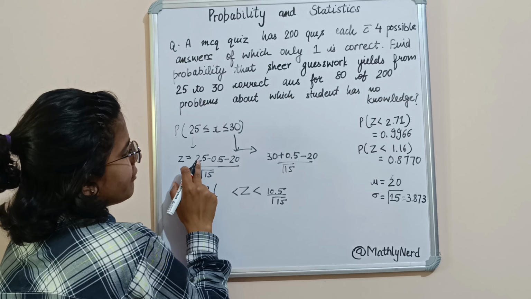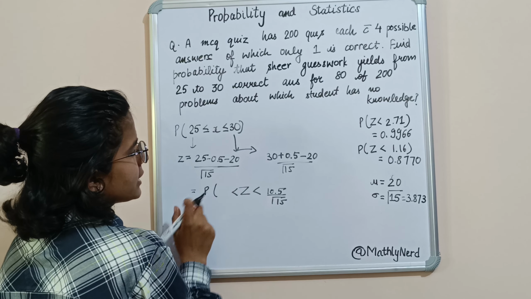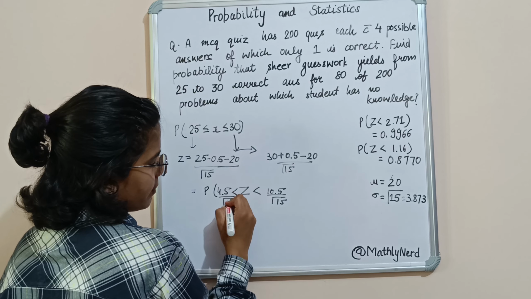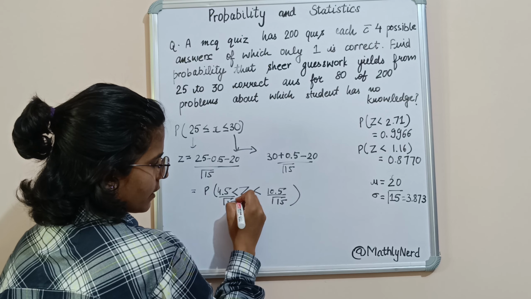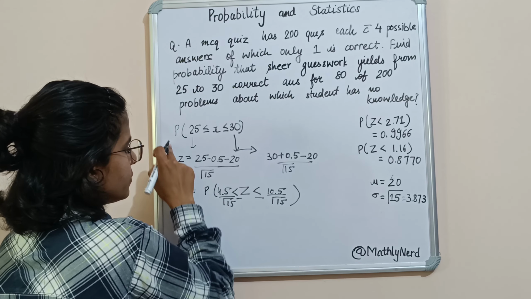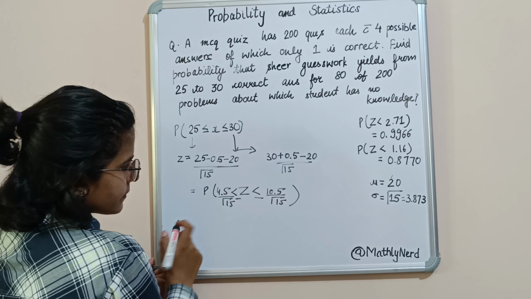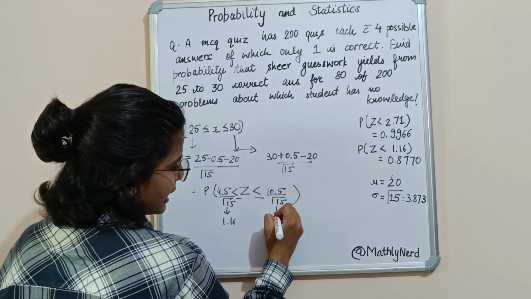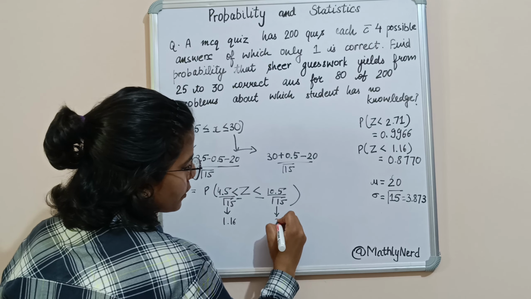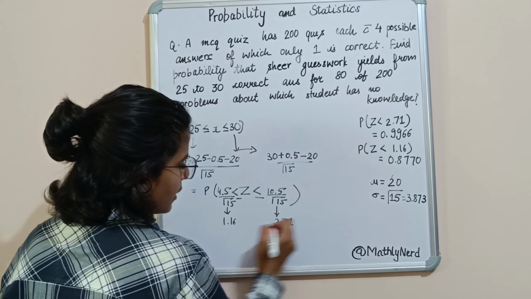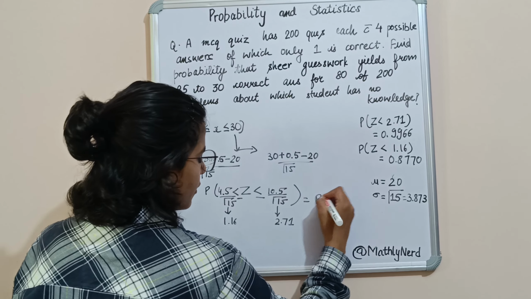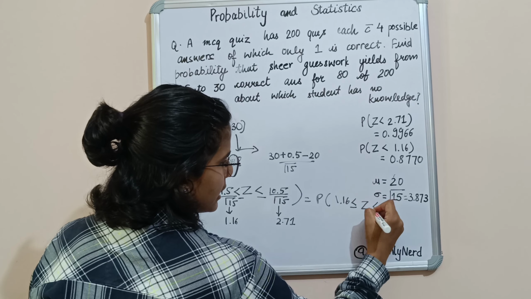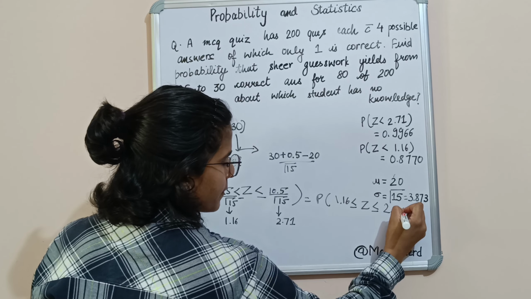If we solve this value, we will get 1.16, and if we solve this value, we will get 2.71. Now we have to find the probability of 1.16 less than or equal to z less than or equal to 2.71.